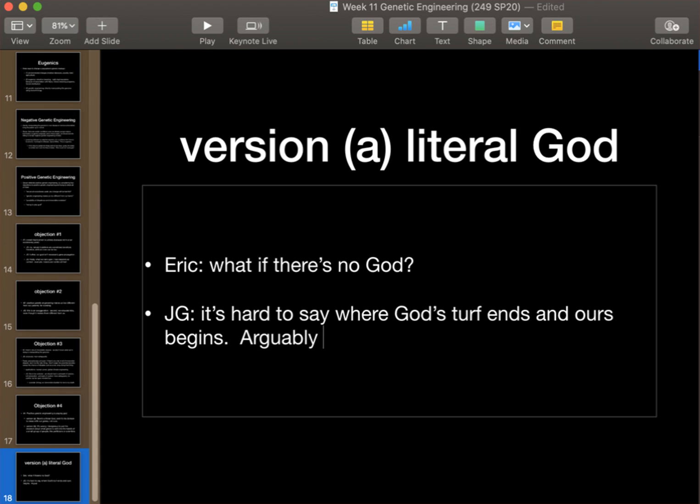Arguably, medicine plays God, right? In this sense, like, is it God's turf to determine who lives and who dies, who gets type 1 diabetes and who doesn't? Well, why are we not kind of encroaching on his turf when we invent insulin and cure people with diabetes and so on? Okay? So there's that.